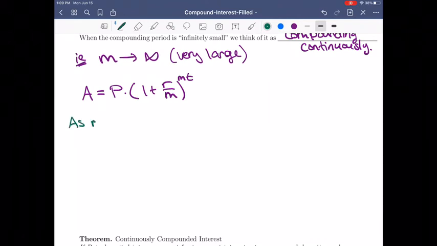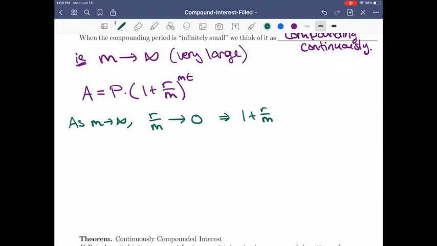As M goes to infinity, R over M is a small number divided by a really big number. If you try that on your calculator, like 1 divided by a really big number, you're going to get a really small number. This is actually going to approach 0. So 1 plus R over M is approaching 1 plus 0, or 1.